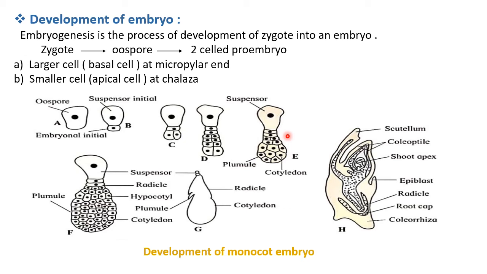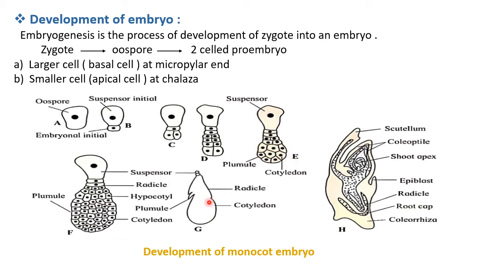The embryonal initial undergoes three successive divisions to form octant stage. The planes of the cell division are at right angles to each other.